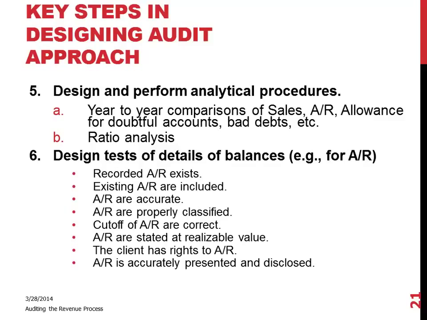So you're looking at the valuation because if the company is making sales to customers who are not credit worthy, it's going to manifest itself in the allowance for doubtful accounts, right? Because if you're not credit worthy, you're not paying. So your allowance for doubtful accounts is probably going to increase. That's a balance sheet. It's a valuation. So you're concerned about the valuation of accounts receivable at that point.